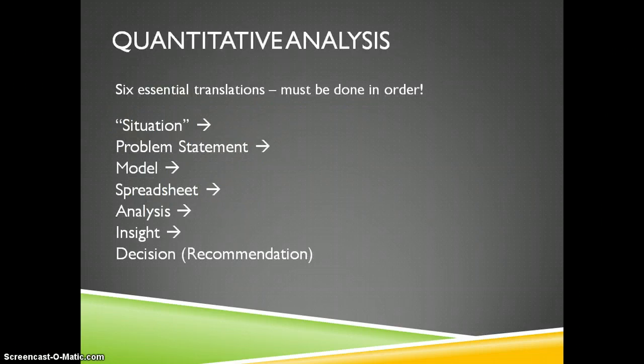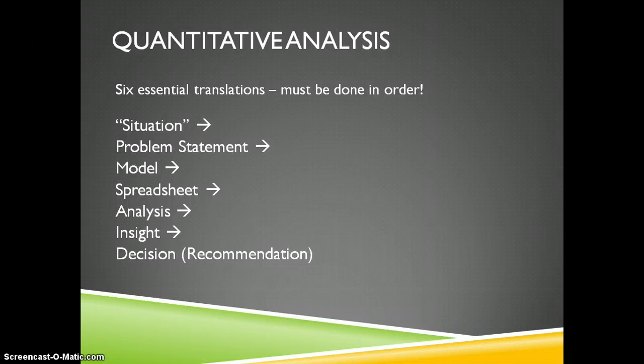Okay, the roadmap here starts with what you're typically faced with in a business situation and ends with an actual decision or a recommendation for decision, since most of us are not usually the ultimate decision makers anyway. We start with what I'll call a situation, or perhaps might call it a mess.